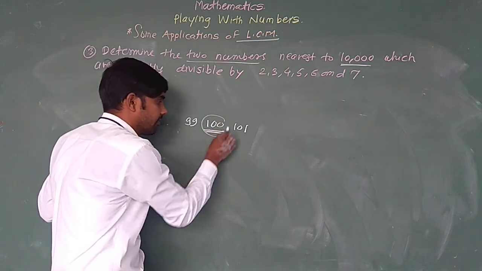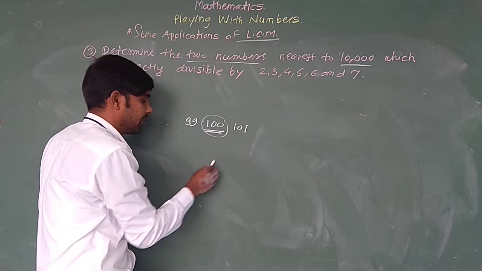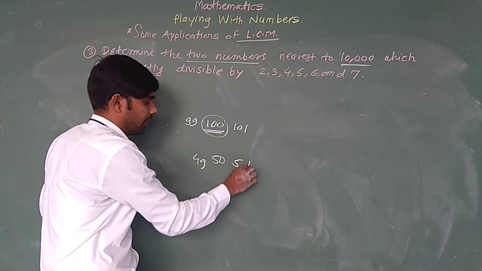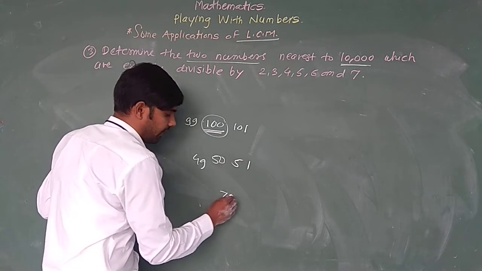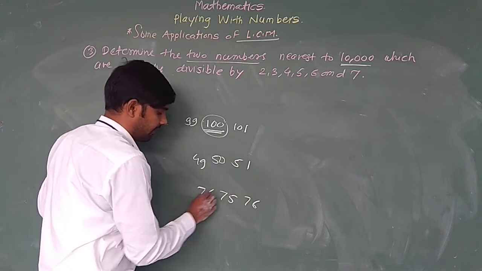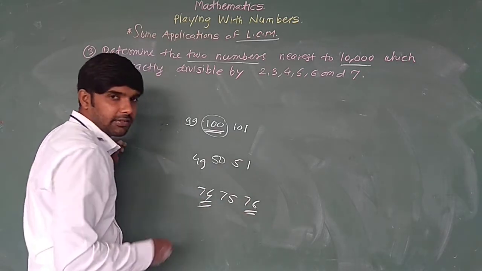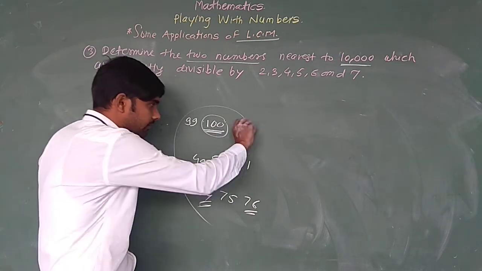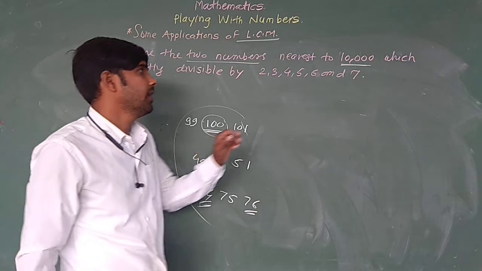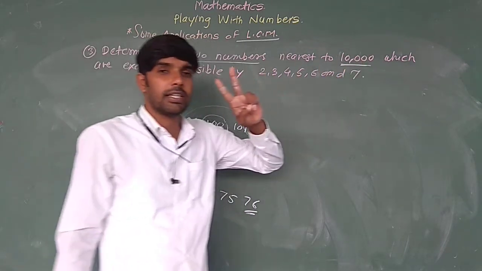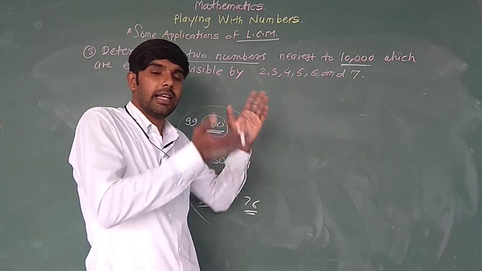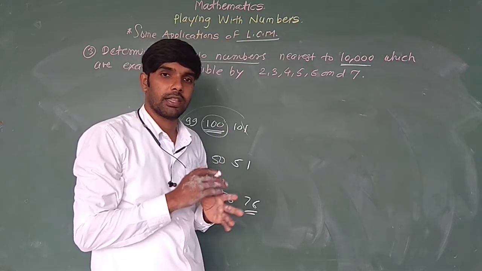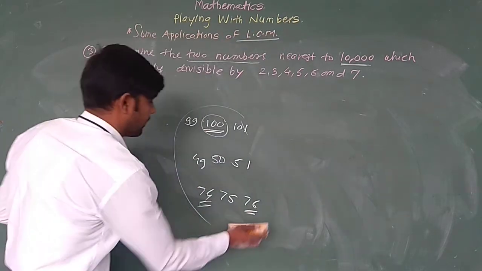Like this, 50: 49 and 51. 75: 76 and 74. So we minus one and add one. These are the nearest numbers. So the two nearest numbers of 10,000 are one less than 10,000 and one greater than 10,000. Okay, so this is our first concept.